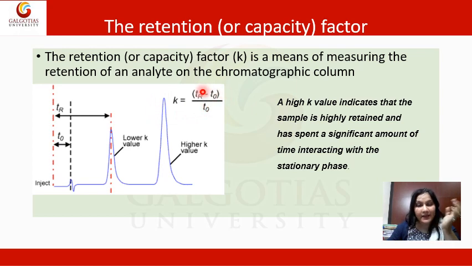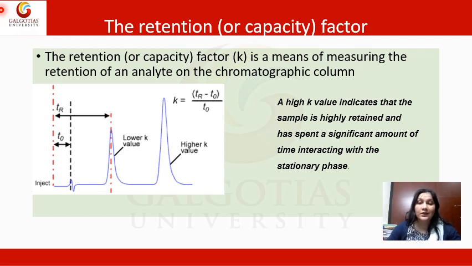And t0, as I already told you, is the retention time of the non-retained compound with the mobile phase. Now, as I already told you, we use two types of chromatographic system. One is normal phase chromatography and the second is reverse phase chromatography. In normal phase chromatography, we generally use a non-polar mobile phase relative to the stationary phase.